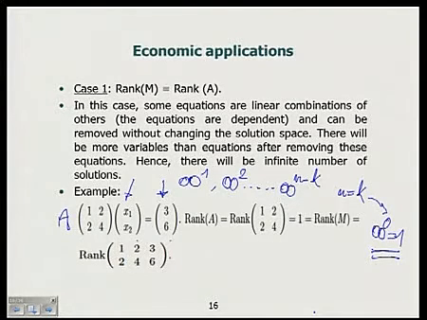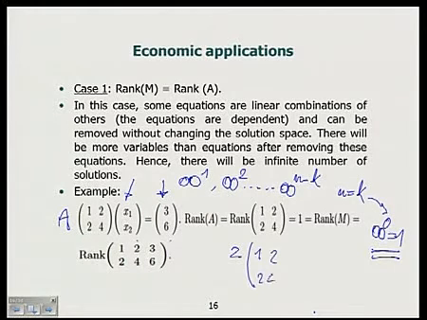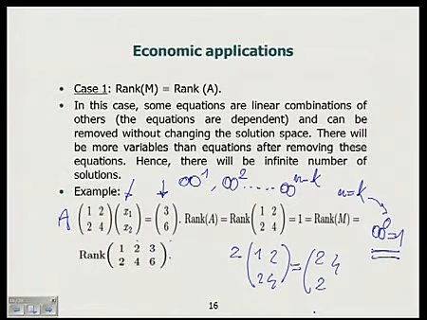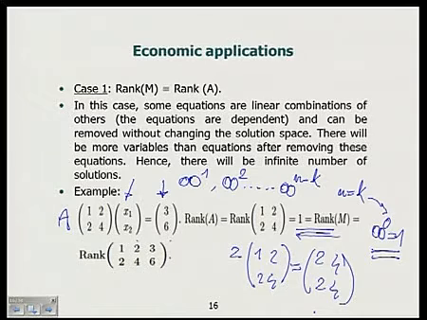If we multiply the first row by 2, we obtain 2, 4. And this is the reason why the rank of the matrix is 1. And this is equal to the rank of the augmented matrix M, as you can easily check.